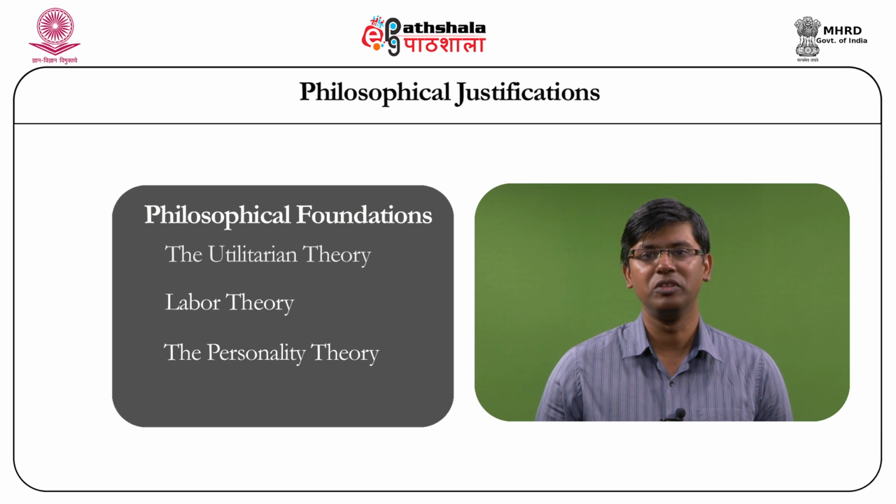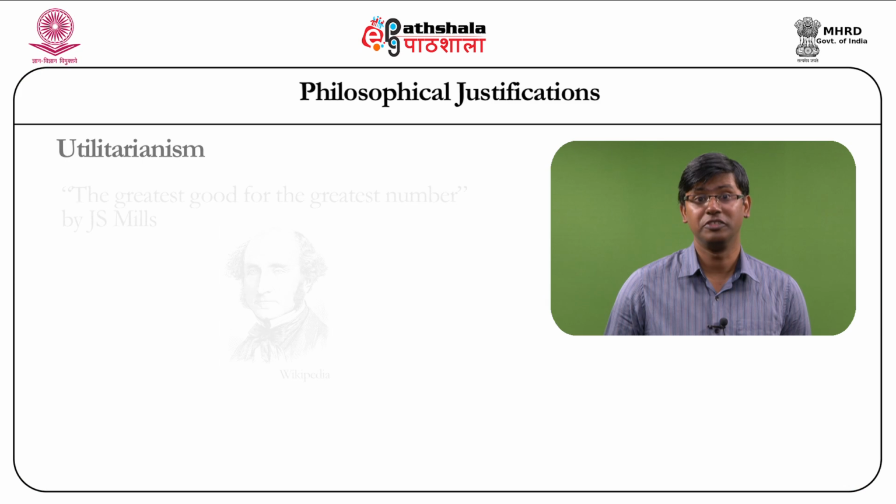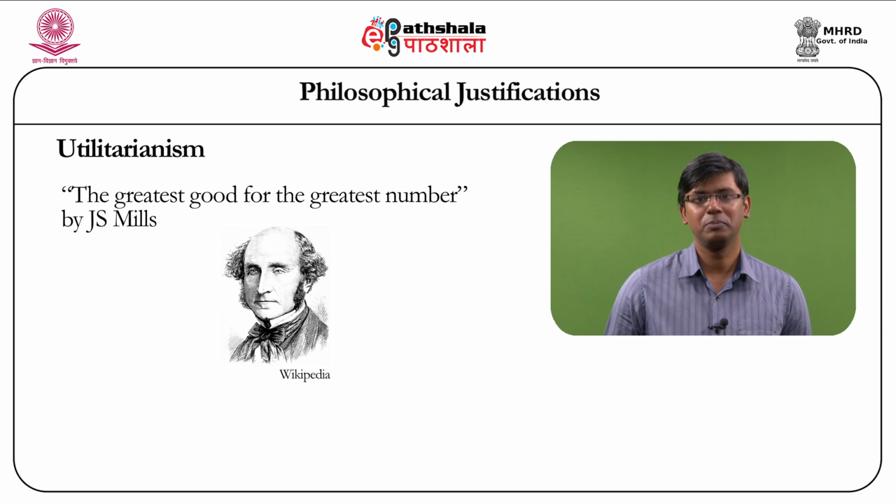So let's begin with the utilitarian theory of property. Firstly, let's begin with John Stuart Mill's justification of utilitarianism. John Stuart Mill was the person who espoused the utilitarian theory. Mill said an act is said to be good if it results in the greatest good for the greatest number of people.